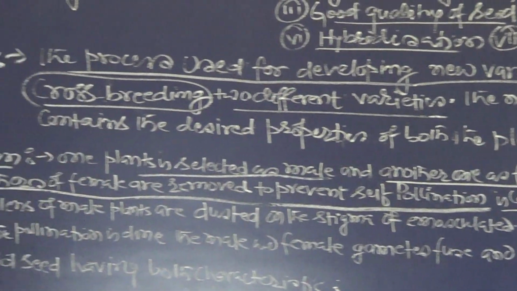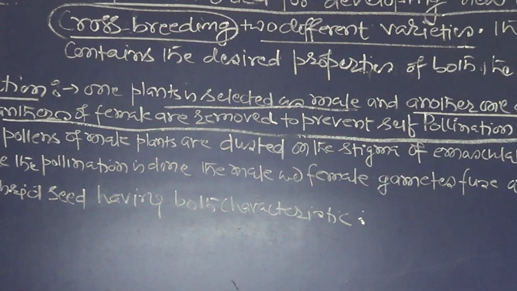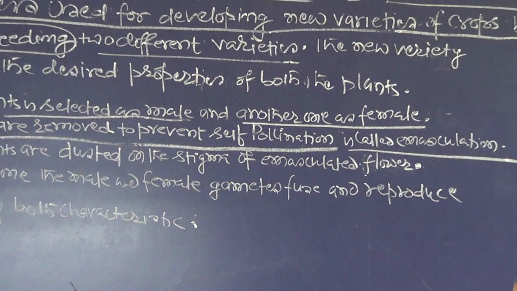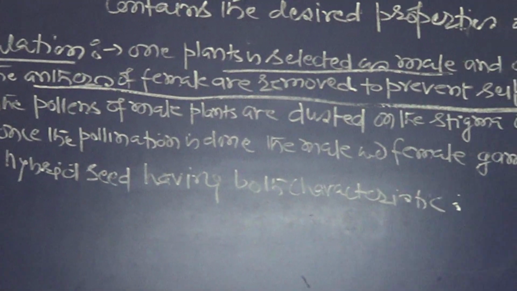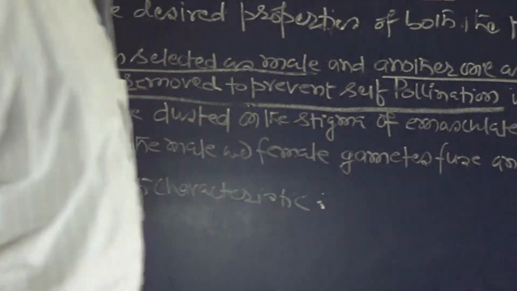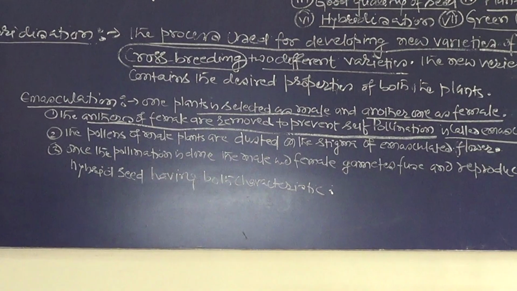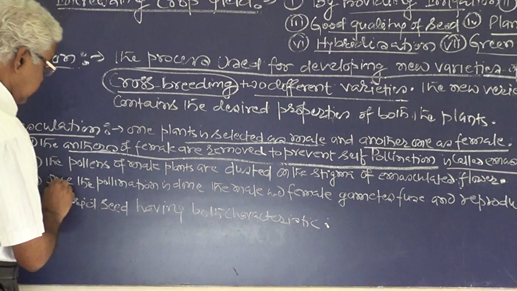You have selected one male plant and another female plant. The anthers of the female plant are removed initially, in the budding stage itself, to prevent self-pollination, and that is called emasculation.